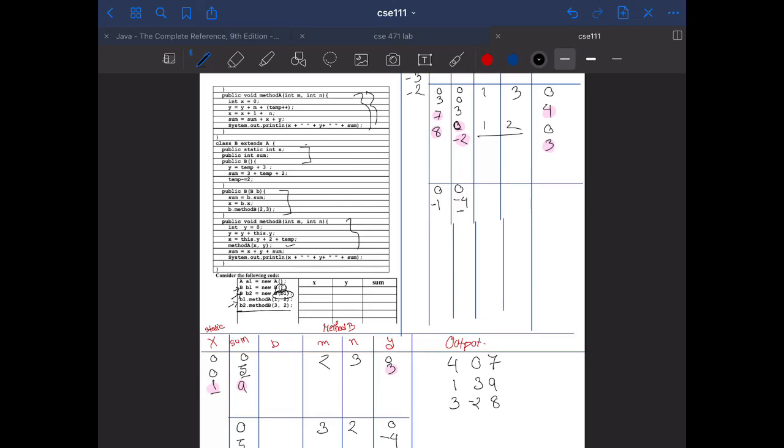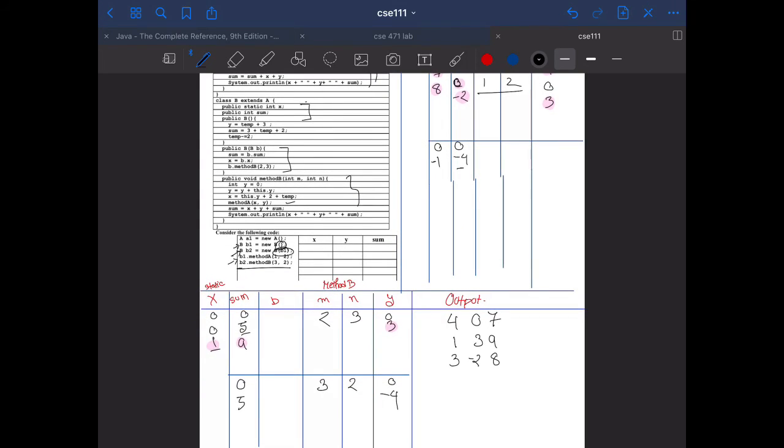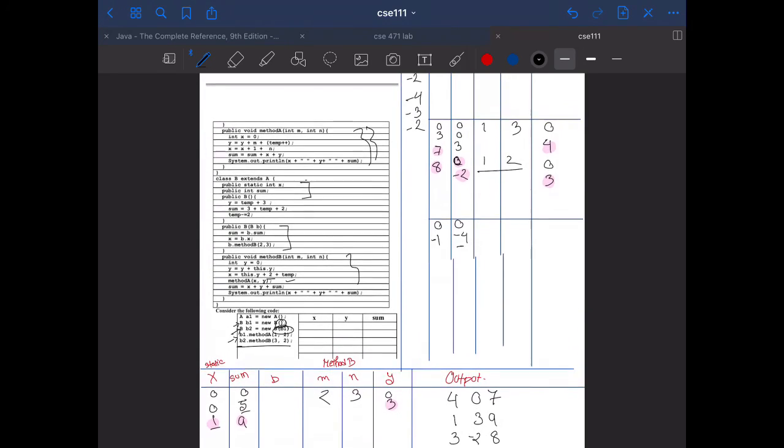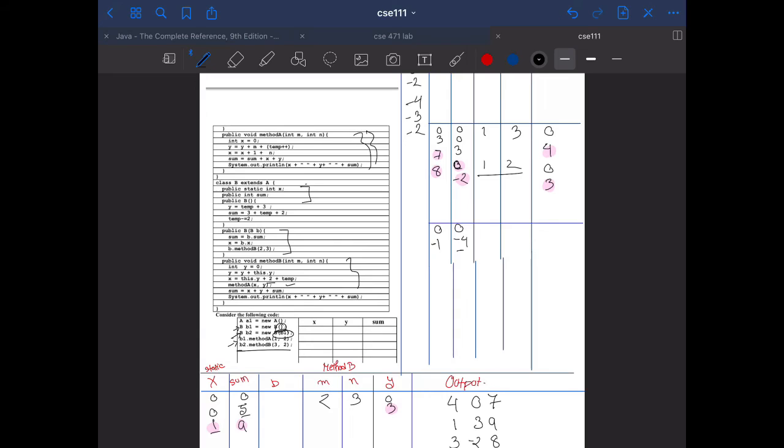Temp is minus 2, which I had forgotten to write earlier. So minus 2 and minus 2 gives us x equals minus 4.